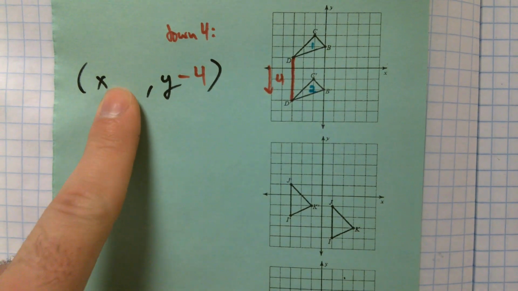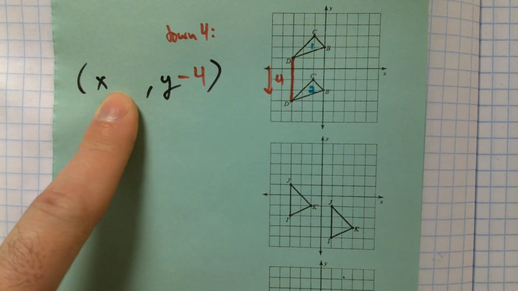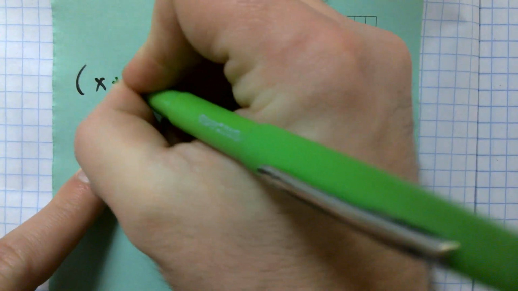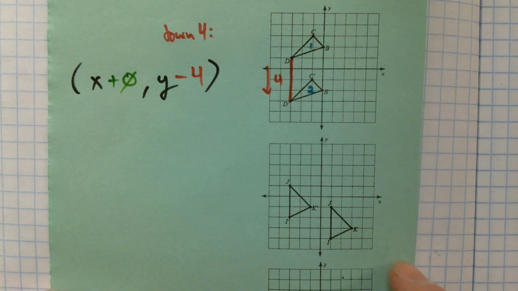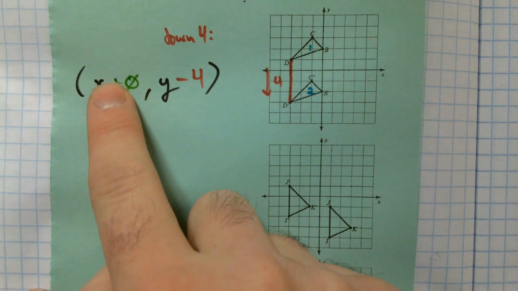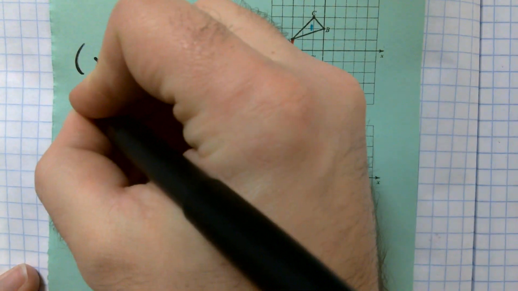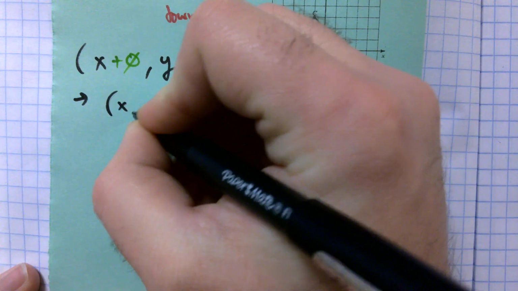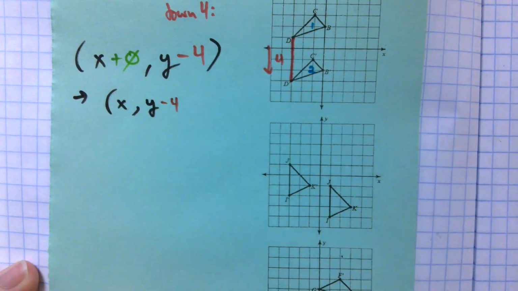So what should I write after the X? How much should I move left and right? 0. Nothing. Plus 0. Just like we've talked about, feels like 10,000 times. Do I need to write plus 0 here? No. So I'm going to simplify this rule. X, comma, Y minus 4.